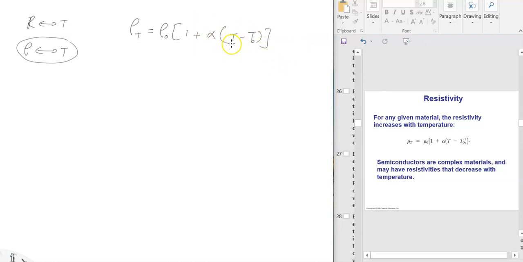Looks like a little complicated equation, but let's see what each term means. This is the resistivity at the given temperature, at temperature T. Like if you want to find the resistivity at 50 Celsius, this T will be 50, right? At the given or required temperature. This is rho naught, the resistivity at the standard room temperature, or in other words at 20 Celsius. Alpha is the temperature coefficient of resistivity.